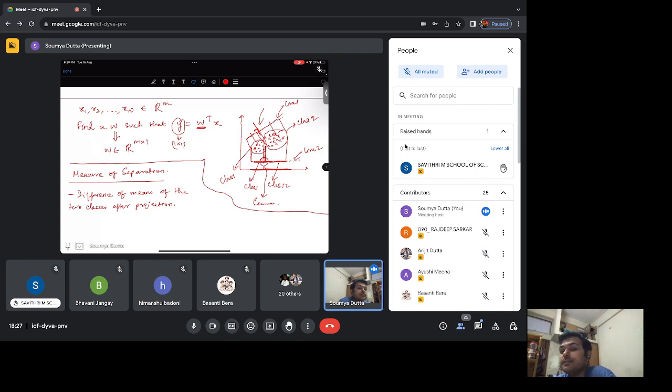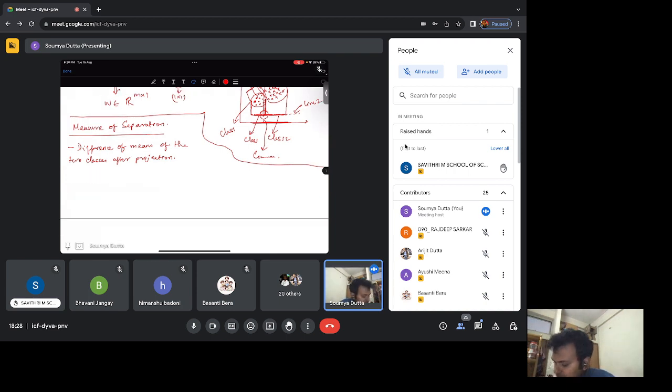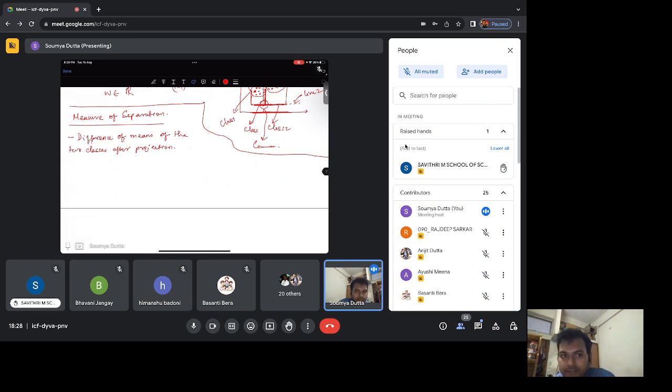Of course, if the means are widely different, that means the classes are well separated. If the means are very close to one another, there is a chance that the classes are overlapping with one another. So this is a slightly naive way of doing this, but let's say the difference of means of two classes after projection is what we go ahead with.